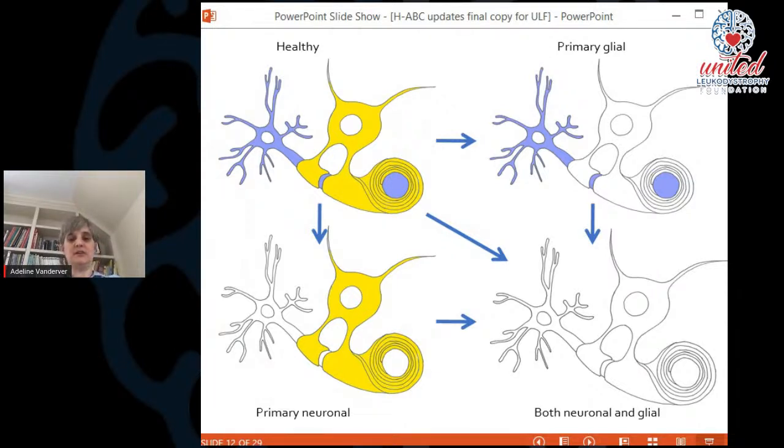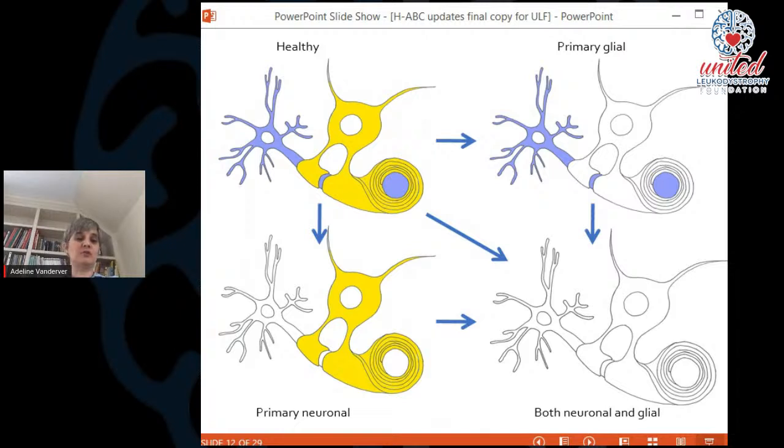Conversely, there may be some patients, like the patients who have the adult onset whispering dysphonia, who have no hypomyelination, but do have problems with their basal ganglia, and therefore with some of their motor skills. Those patients, if you look at their mutations in the lab, may have problems only with the neurons. And then there may be patients who have mutations that might affect both cell types, and that includes those patients with classic HABC.